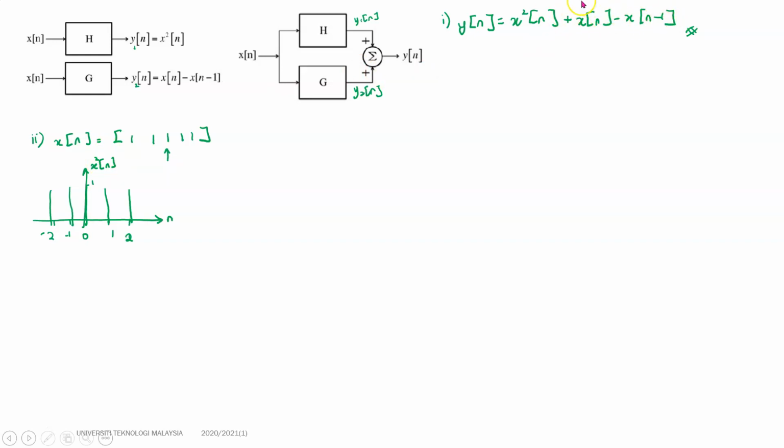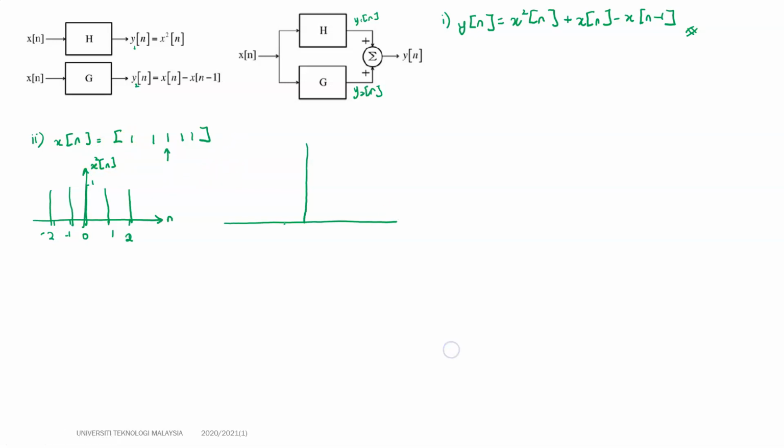And then we draw xn minus 1. We already have xn here, and then we draw xn minus 1. For xn minus 1, we just have to shift this xn by 1 to the right.